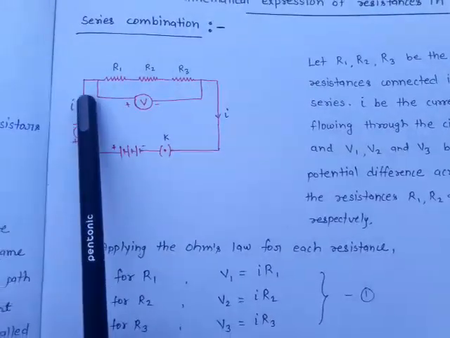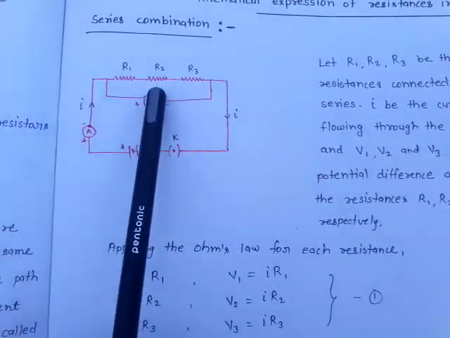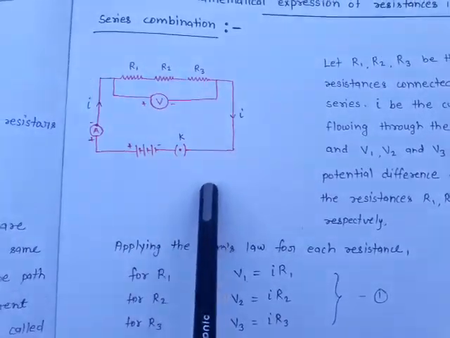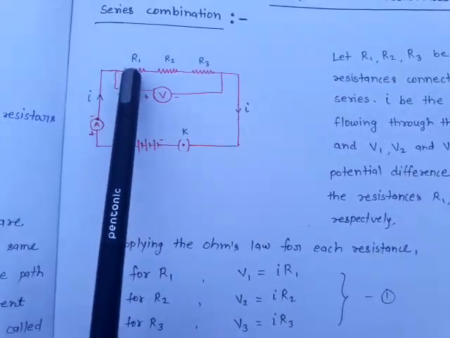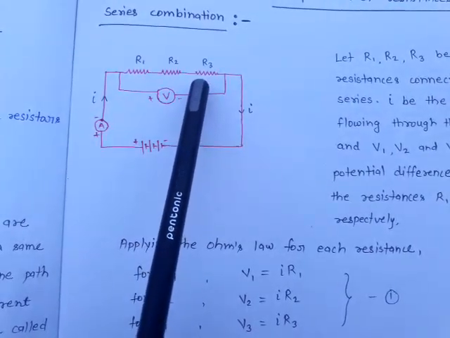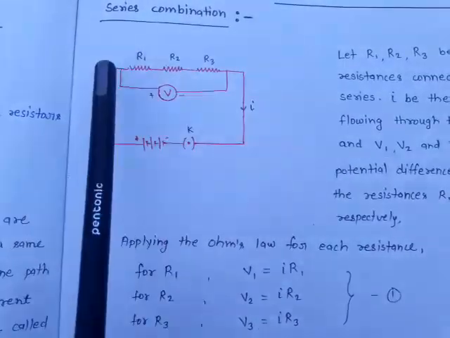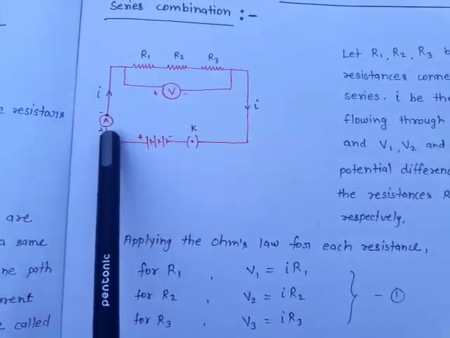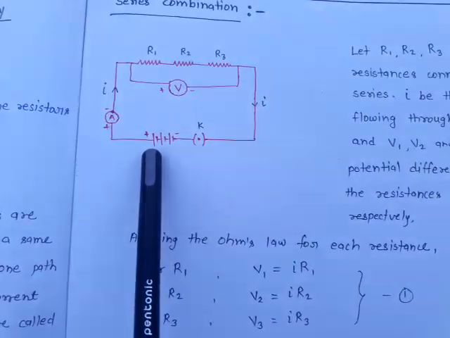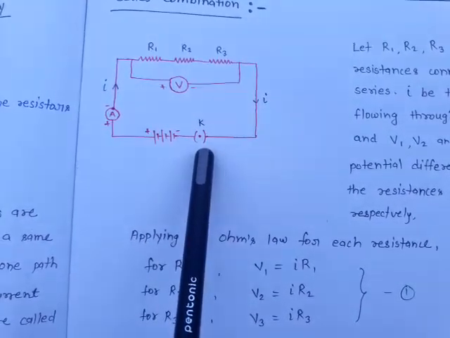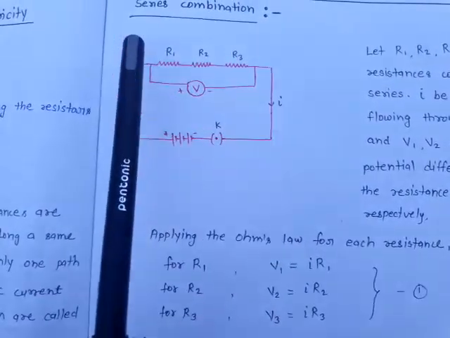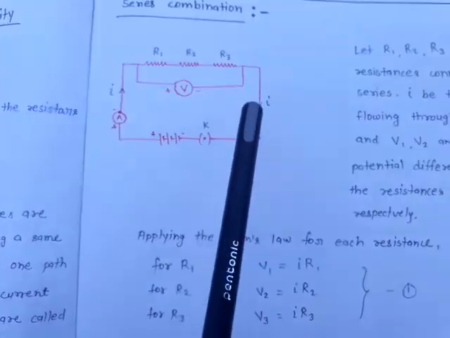Here in the given circuit, three resistances R1, R2, R3 are connected in series because there is one way for the current to flow. The potential difference across R1 is V1, across R2 is V2, across R3 is V3, and the current flowing through the circuit is I. This is the ammeter for measuring the current, this is the voltmeter, this is the combination of cells, and this is the switch. This is the circuit diagram for series combination.